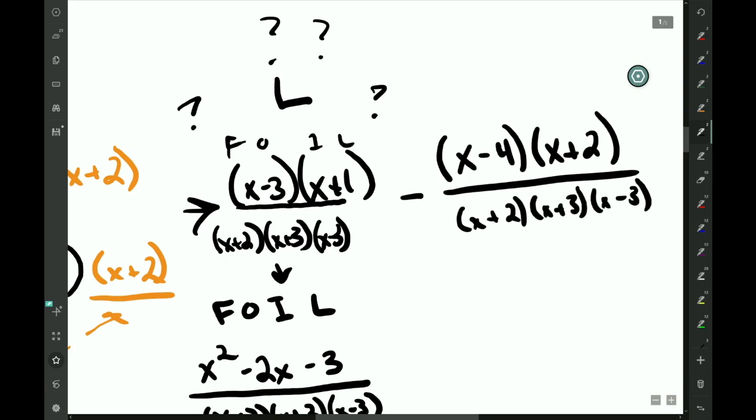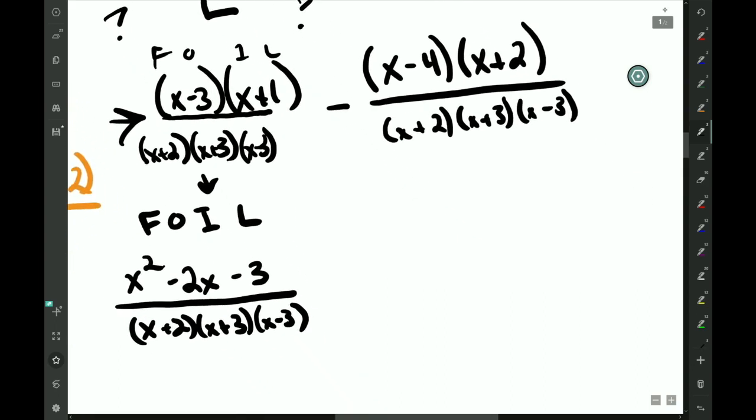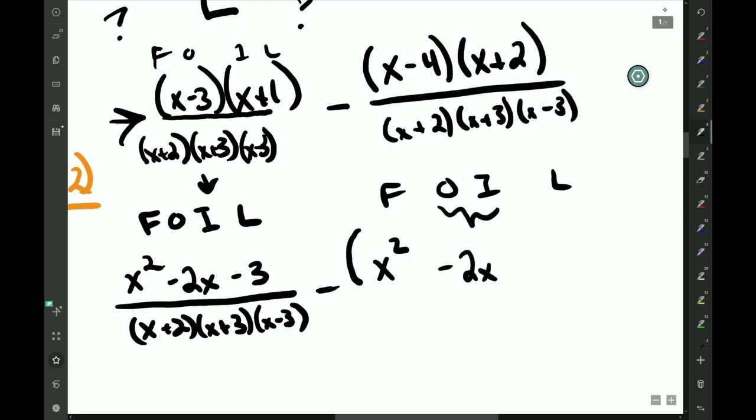And again, the right fraction, we're going to have to FOIL that bad guy, but don't be scared. It'll be all right. FOIL, we have minus, parentheses, we'll get to that in a minute, x squared, outsides and insides, are going to become minus 2x. And last, minus 8.